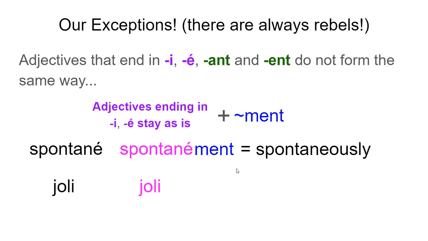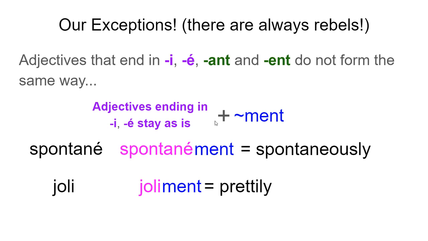We're going to leave it as is. Add our MENT for joliment, which means prettily or beautifully. Okay, in a pretty way. I guess prettily is not really an adverb that we would use that often in English. But yes, it is an adverb that we use a lot in French, though, I will say.